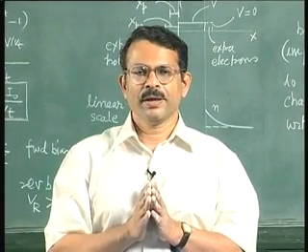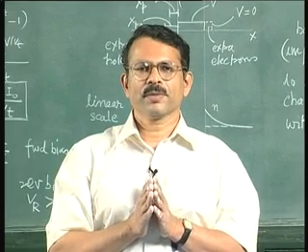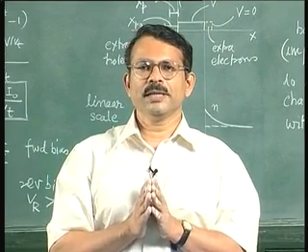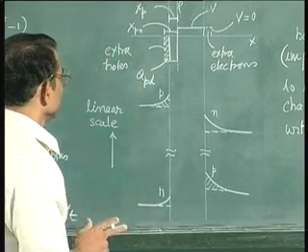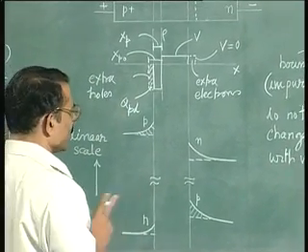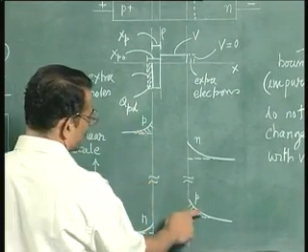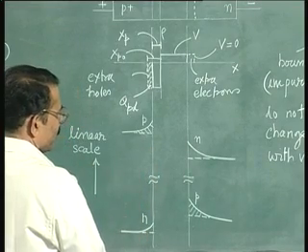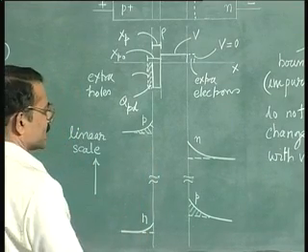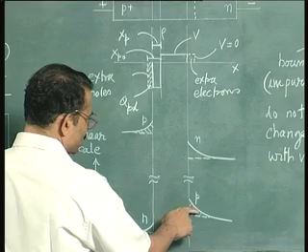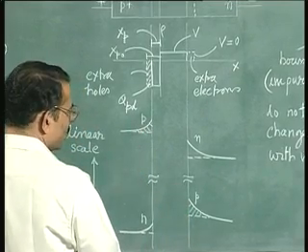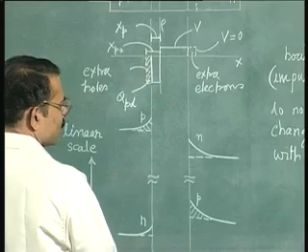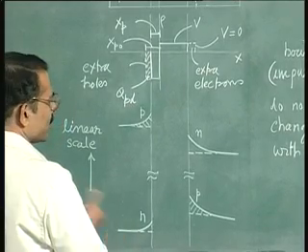Fine. So this is how one can estimate what is called the depletion component of the incremental capacitance of a diode. Now we should see how we can determine the diffusion component of the capacitance, that is the incremental capacitance because of charges in the quasi-neutral regions. This particular capacitance is called diffusion capacitance because these charges in the neutral regions contribute to the diffusion current of the diode.